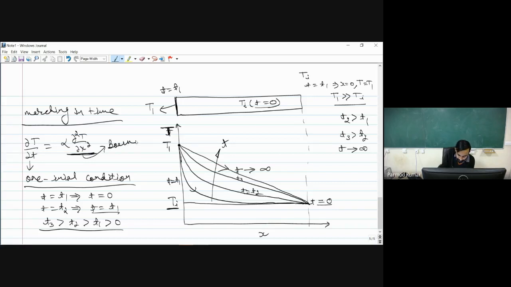As I told you, initially when all the boundaries were maintained at temperature Ti, equal to the temperature within the length of the rod, no phenomenon was happening. Everything was at equilibrium.